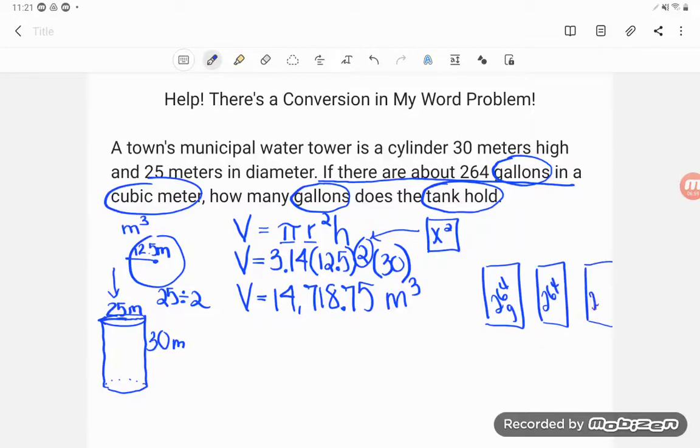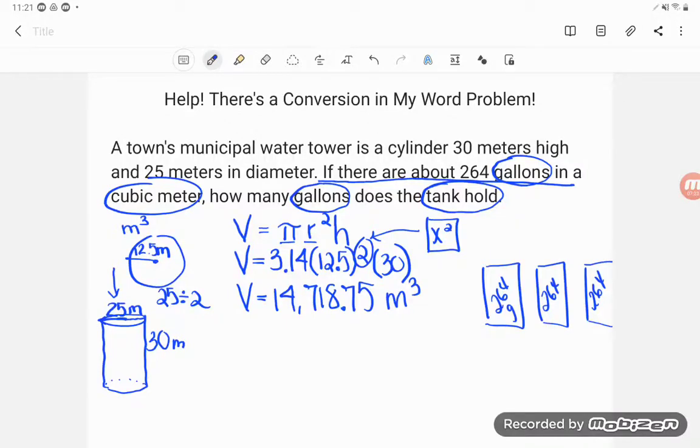In fact, each one of those 14,000 some odd cubic meters has 264 gallons in it. So I'm going to have 264 gallons 14,000 times. Listen to my language.